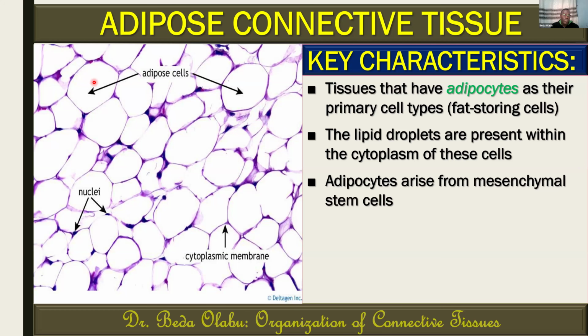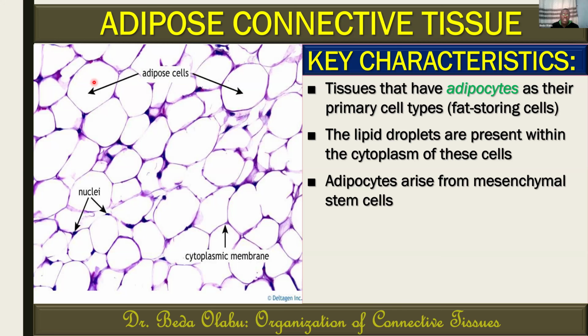From an embryological point of view, if you look at the origin of the fat cells, it is from undifferentiated mesenchymal stem cells. Well, we still have mesenchymal stem cells even postnatally, and so even those cells can still give rise to adipocytes postnatally.